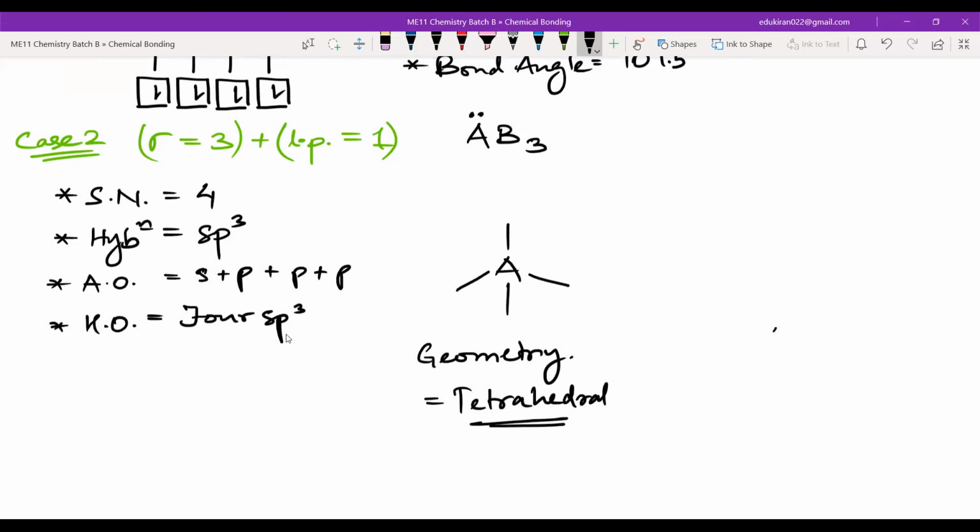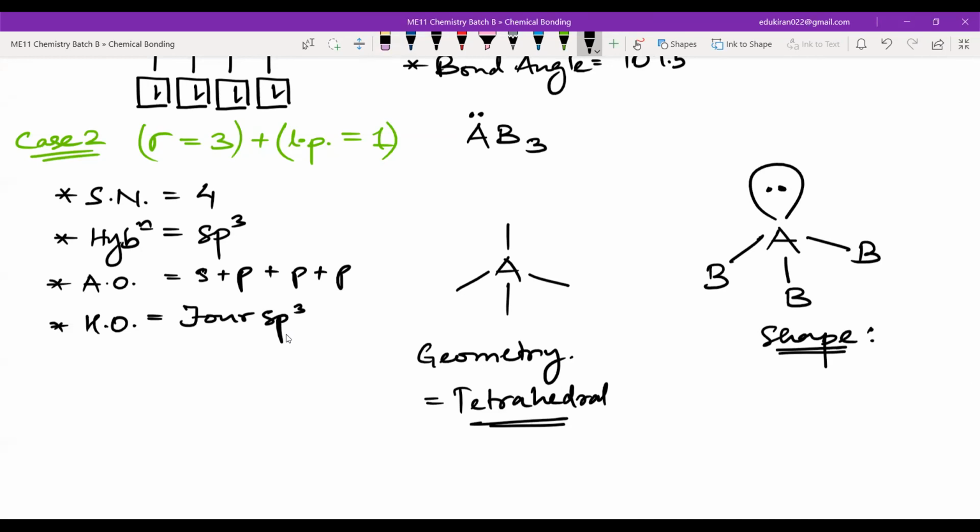Okay. Now I will write the shape. For shape, what you have to look at? You have to look at the bonds. And A is making bonds with B. So let me put all the hybrid orbitals here and let me add B's here. I can only add 3 B's, and here will be the lone pair electrons. If you look at NCERT, they have made this kind of structure. So obviously, when I look at the shape, I can only see the bonds.